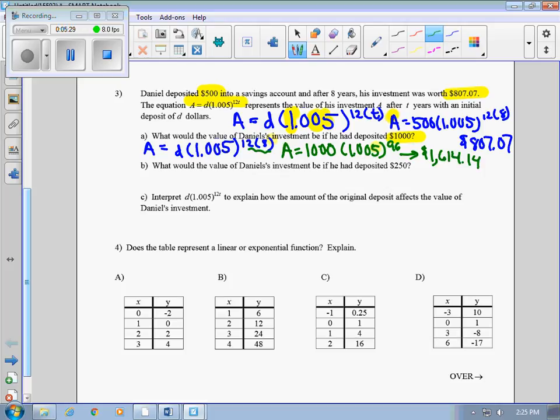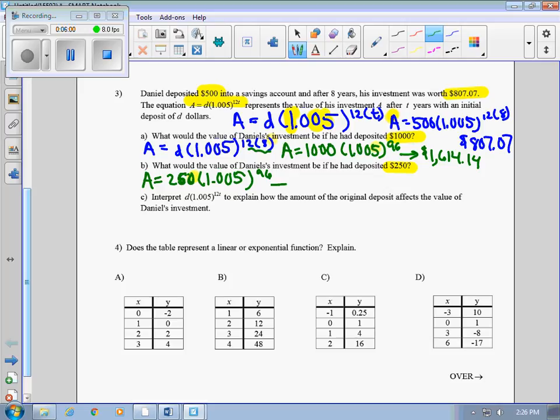it's $1,614.14. Okay. B, what would the value of Daniel's investment be if he had deposited $250? So this time we're going to use 250 instead of the 1,000. A equals 250 times 1.005 to the 12 times 8, which is the 96th power.